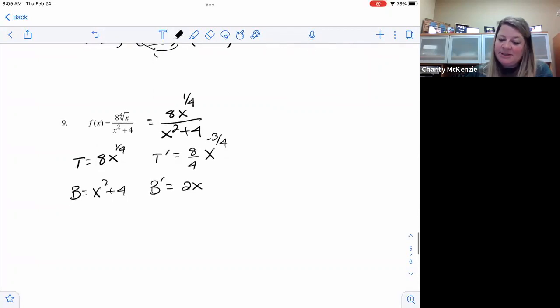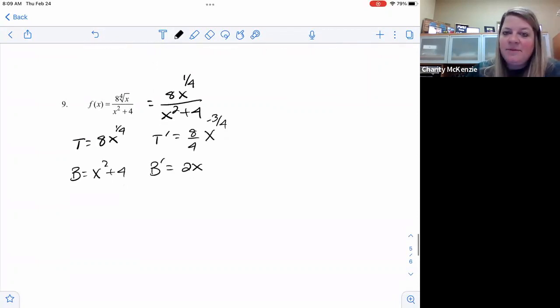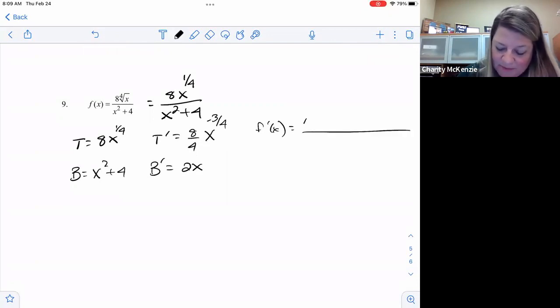Okay, so let's put this all together. What do we start with for our quotient rule? Original bottom. So original bottom, x squared plus 4, times the derivative of the top, 8x to the 1/4.